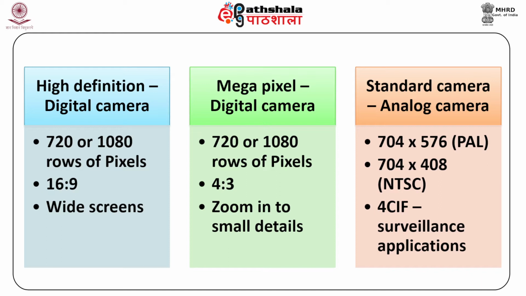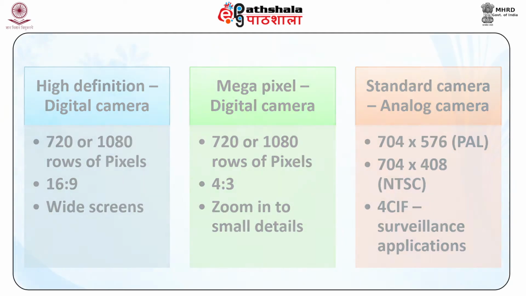It allows you to zoom into small details while maintaining image integrity. Then is standard definition or SD analog camera, which is 704 by 576 PAL, 704 by 408 NTSC and 4 CIF, sufficient to meet many surveillance applications.